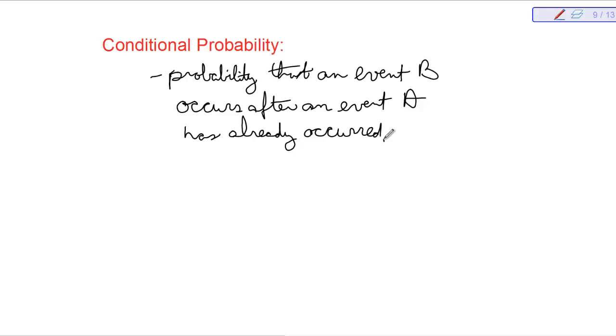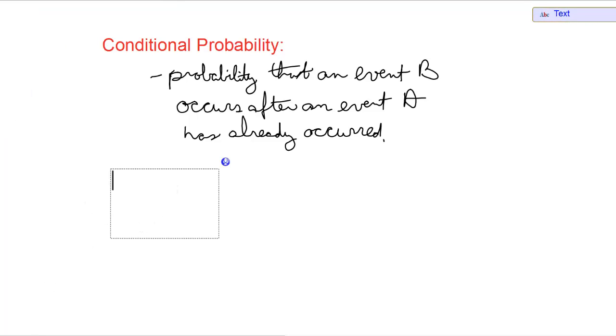Okay. So getting a king on the second draw, given that an ace was drawn on the first draw. So let me write that out.